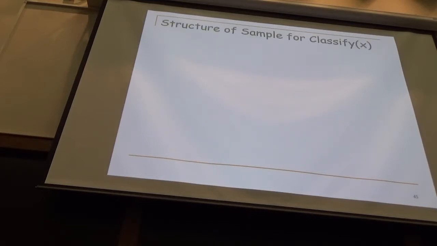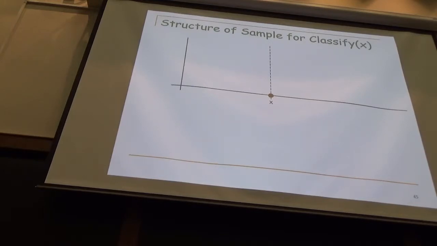So what is that sample in the case of their algorithm? Here's the structure of the sample that they look at. What we said was we took logarithmically many intervals of increasing size. And for each one of those intervals, we took a small random sample. My overall random sample is the union of all the random samples I took for every interval.